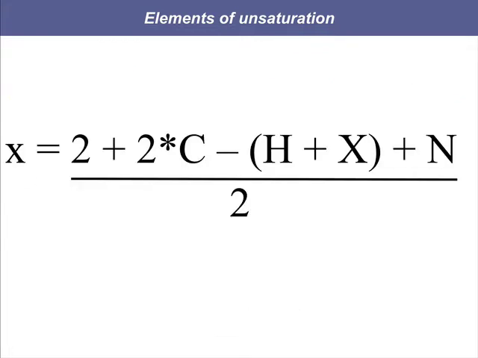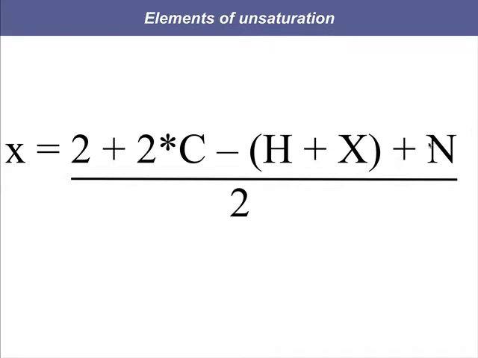If we combine everything that we've just shown into this formula here, we can calculate elements of unsaturation directly. This says we take 2 times the number of carbons in our formula, plus 2. We're going to subtract off the number of hydrogens and halogens, X's are halogens, and then we're going to add the number of nitrogens in our formula.